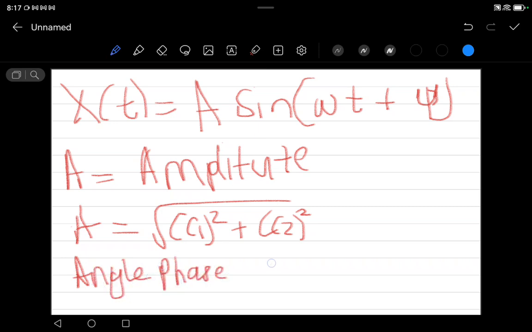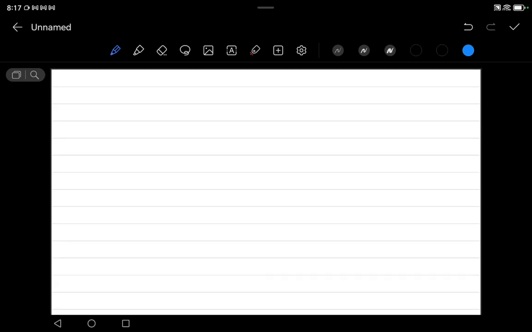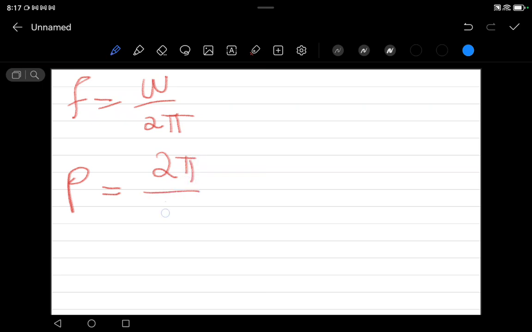To calculate the phase angle, we're going to use tan psi equals C1 over C2. So C1 over C2 is from the displacement equation. Okay, and then after here we're also going to learn how to calculate frequency. So this is the formula for frequency, omega over 2 pi, and for period it's 2 pi over omega.